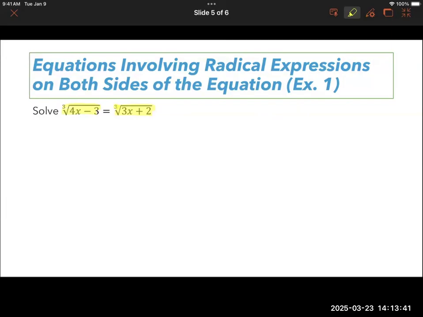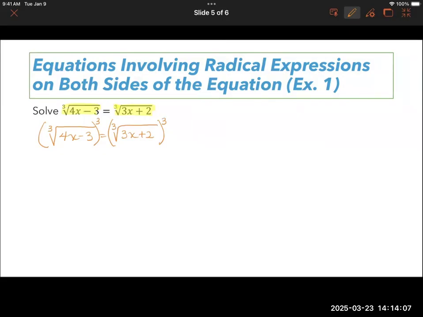We have our cubed root of 3x plus 2 on the right with nothing else. And so when that happens, that's actually a pretty easy case, because as long as we're using the same index on both of our radicals, we can use that index as the power that both sides will get taken to.